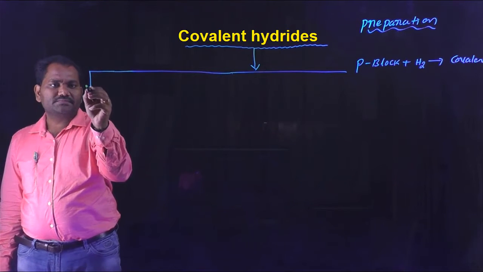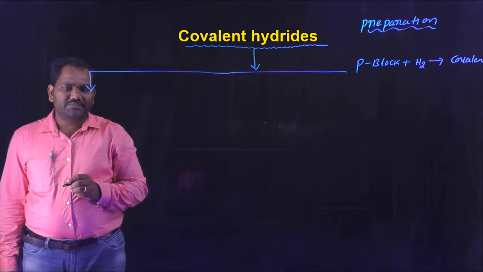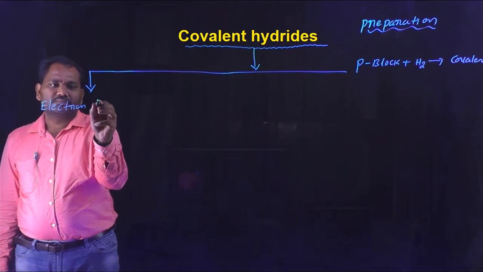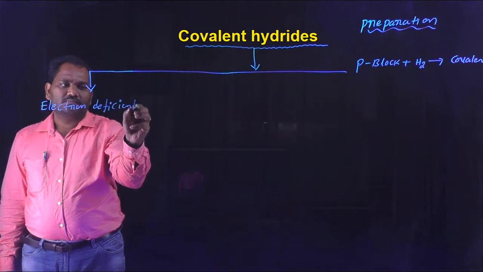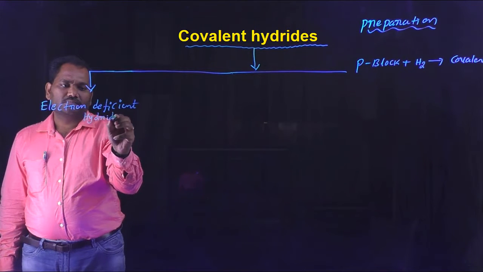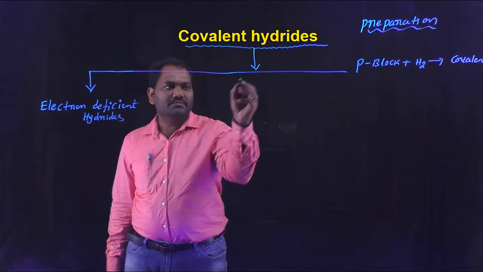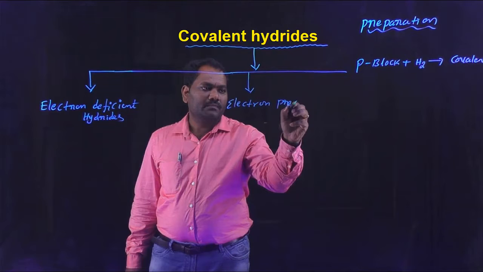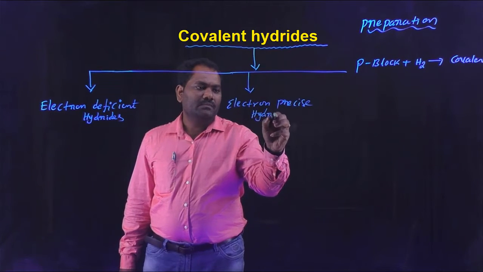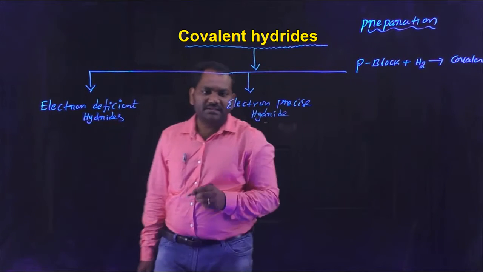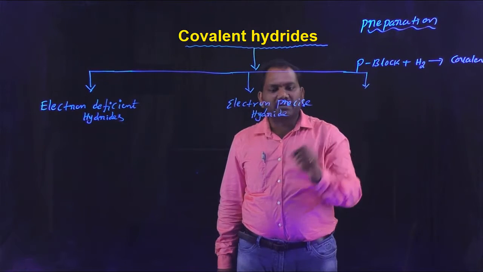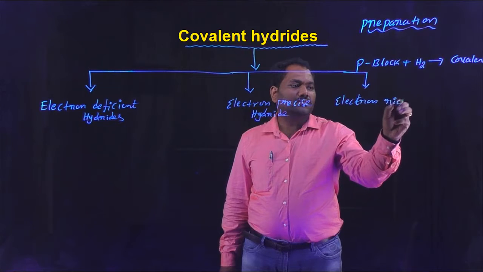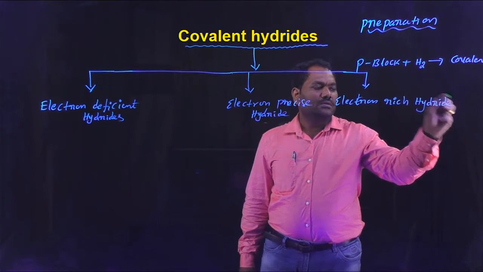The first one is electron deficient hydride. The second one is electron precise hydride. And the third one is electron rich hydride.